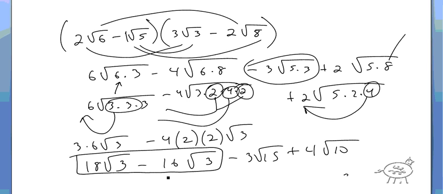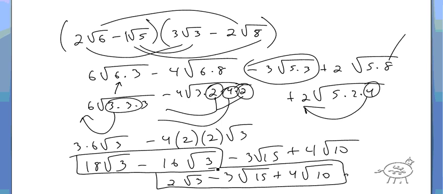So 18 minus 16 is 2 root 3 minus 3 root 15 plus 4 root 10. Okay, 2 root 3 minus 3 root 15 plus 4 root 10. That's probably the more complicated one out of all of them, but it's really not too awful.